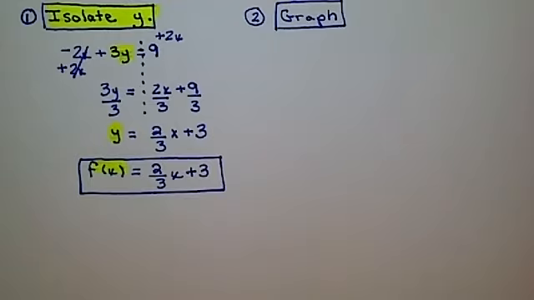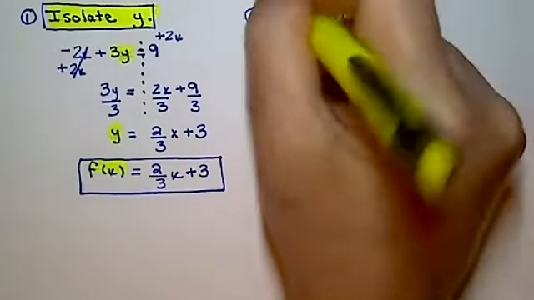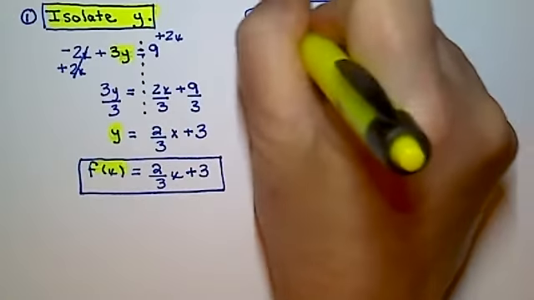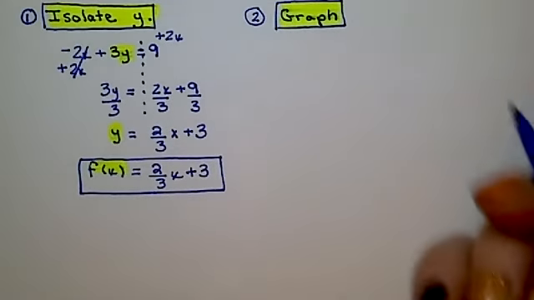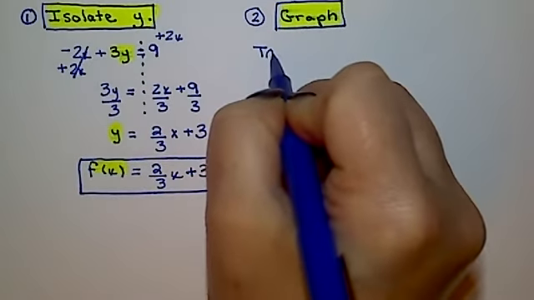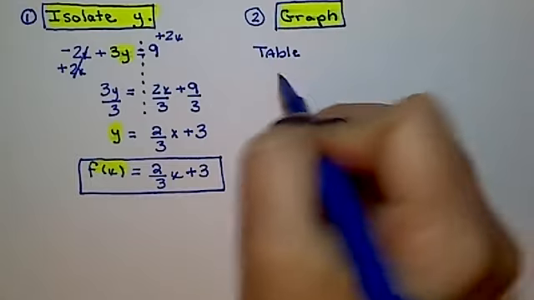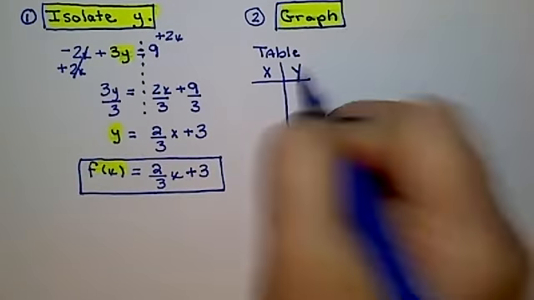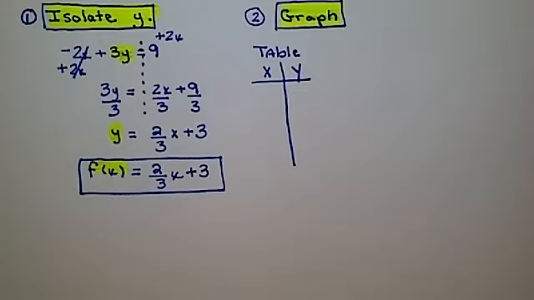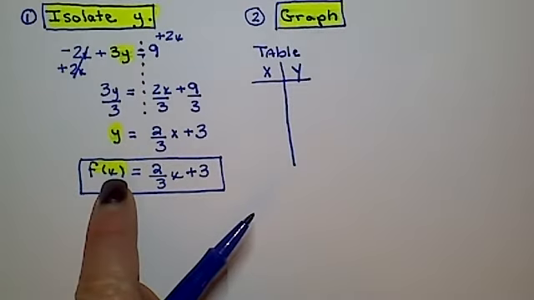So a few ways that we have learned to graph a function. One way is to make a table. Okay. So I'm going to review that way with you. And so with our x's, we're going to pick some inputs. So remember, your x is your input, your y is what you get out.